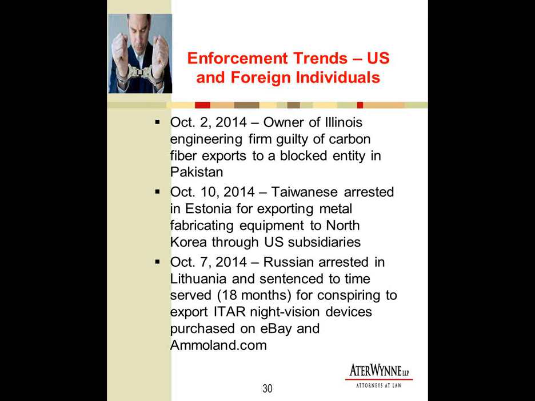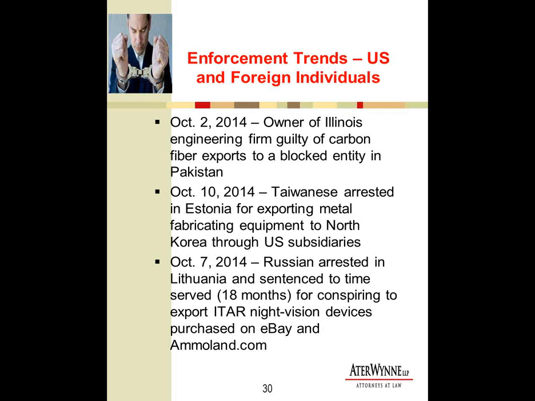You'll see from this next slide that just last month alone, I've shown a number of enforcement actions against both U.S. and foreign individuals. In the case of an Illinois engineering firm, the owner of that company was found guilty of carbon fiber exports to an entity that was blocked for receipt of those exports and was situated on the U.S. consolidated screening list.